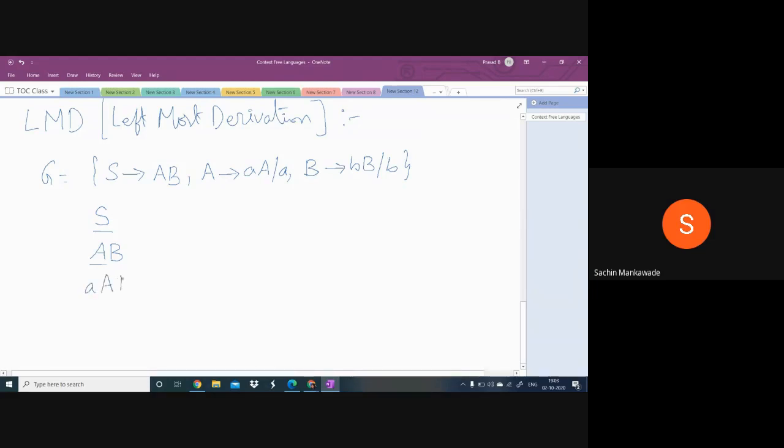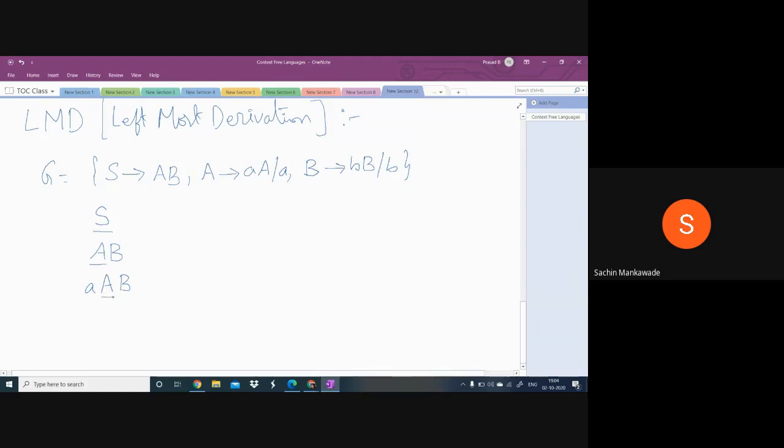Now, this is the string. Again, we can apply in A place or B place. But if we apply a production every time to the leftmost non-terminal only, it is called LMD, leftmost derivation.